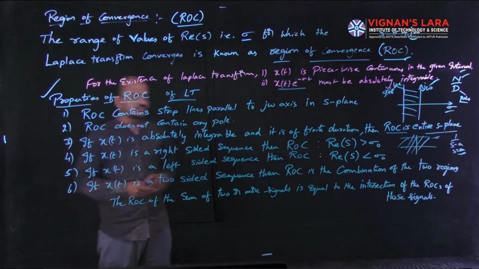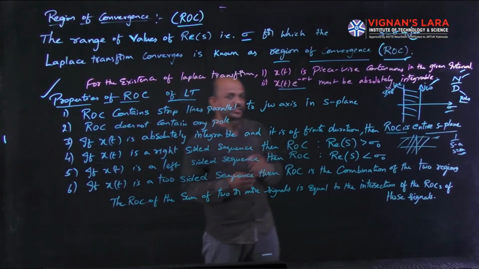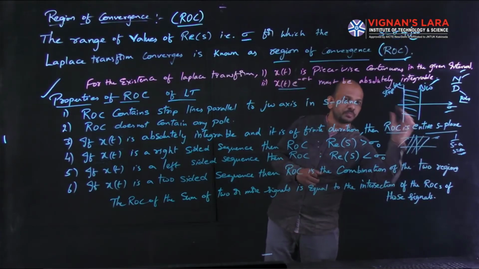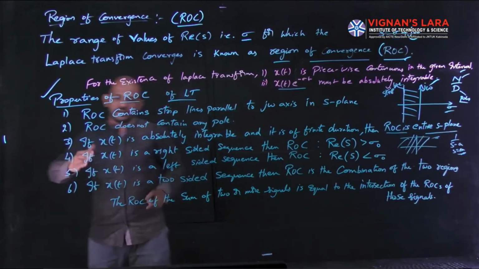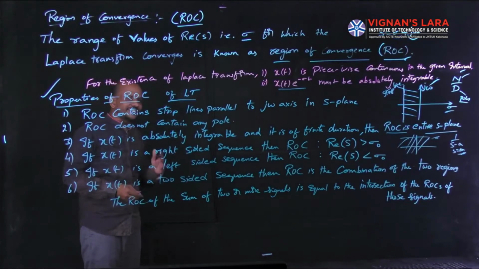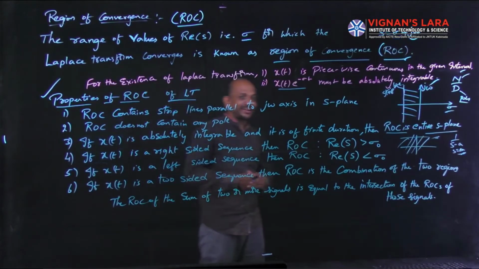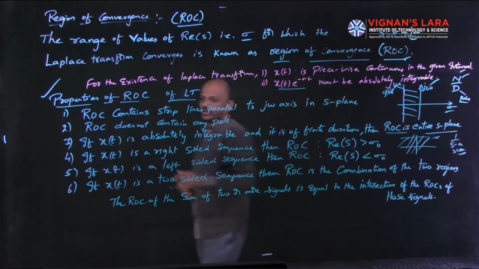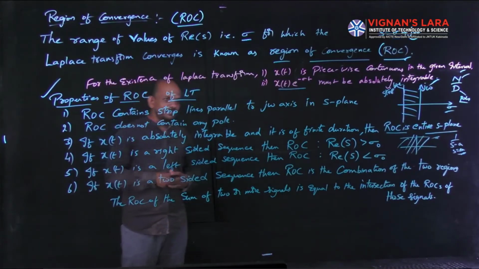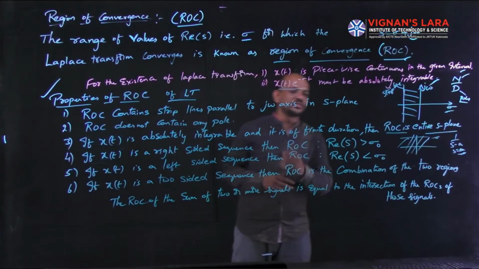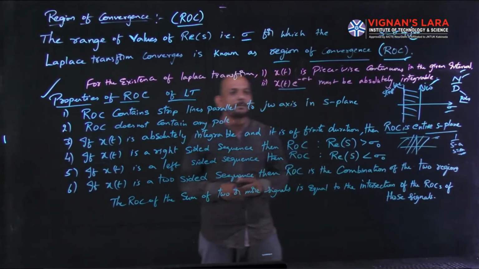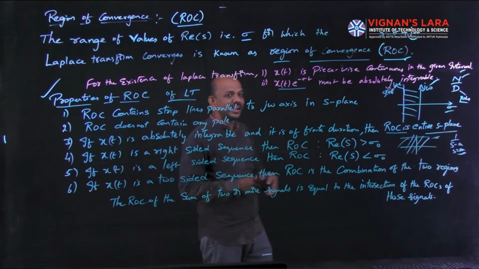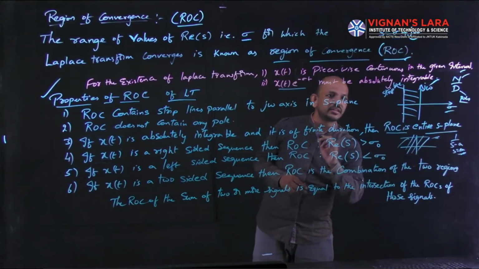Now we will get the region of convergence for different types of signals, with respect to the pole. See, if x of t is a right-sided sequence, then for a right-sided sequence the ROC is the real part of S greater than sigma naught.